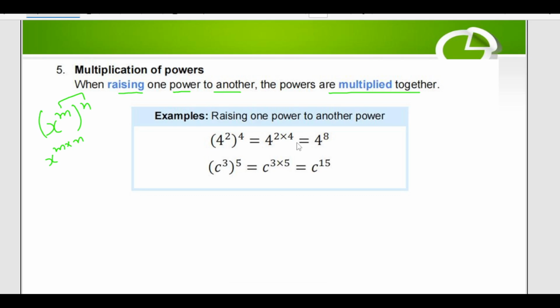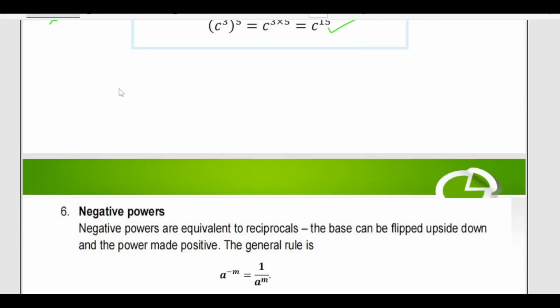For example, 4 power 2, and outside we have power 4. Then we multiply 2 times 4, and it is 4 power 8. Similarly, here c power 3 times 5, this gives us c power 15. So again going back to see the rule, when raising one power to another, the powers are simply multiplied, right.